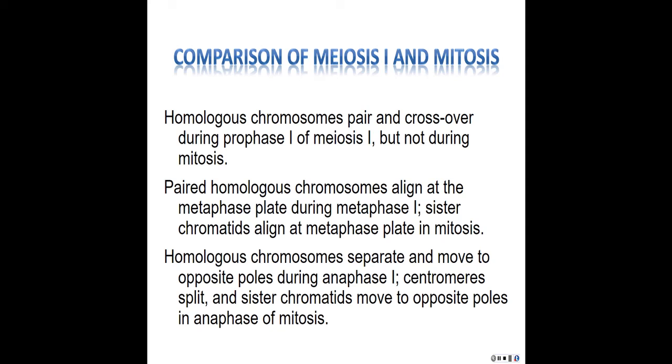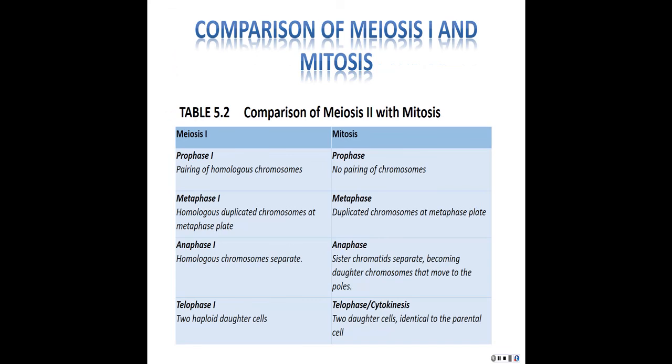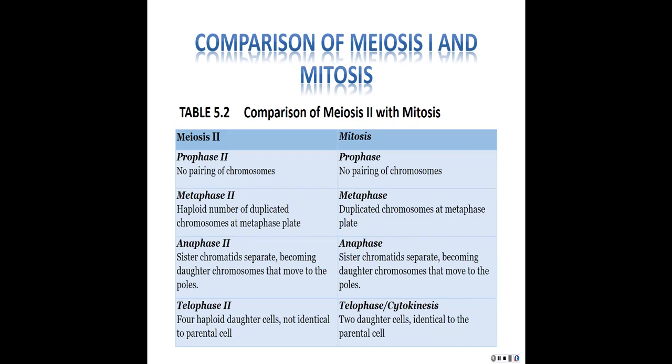And the homologs separate and move in meiosis 1, whereas the centromeres split and sister chromatids move in mitosis. These tables are good summaries as well. What I want you to do is not just understand the mechanisms of meiosis and mitosis, but compare and contrast them, and understand them in the context of each other.